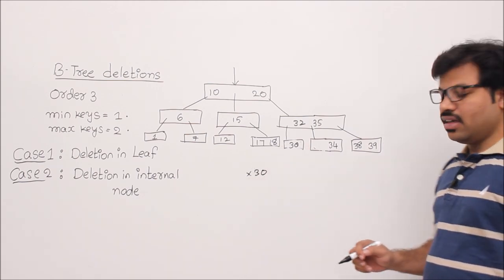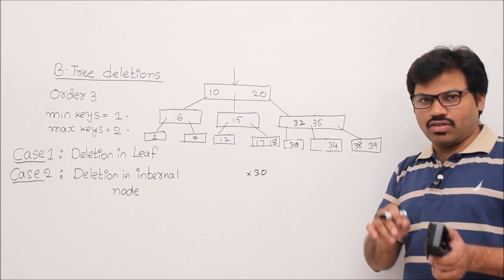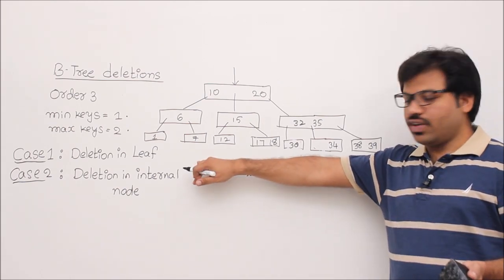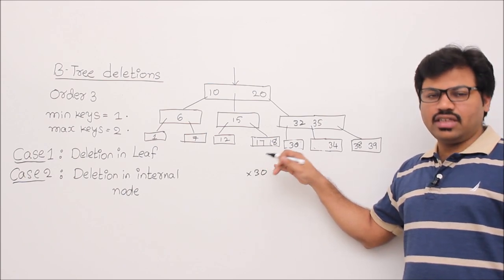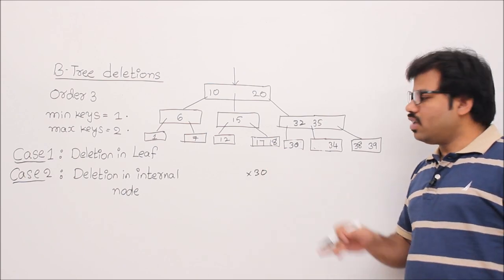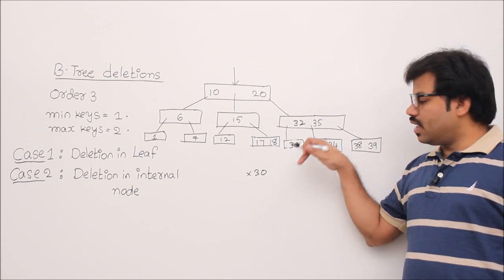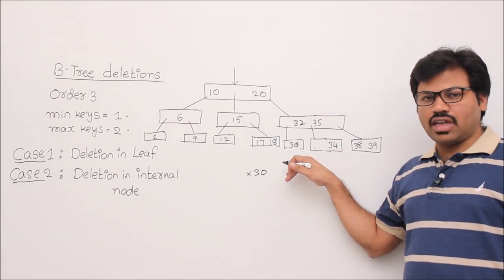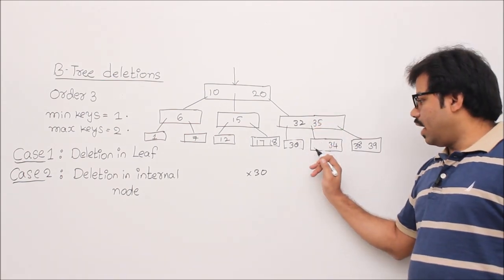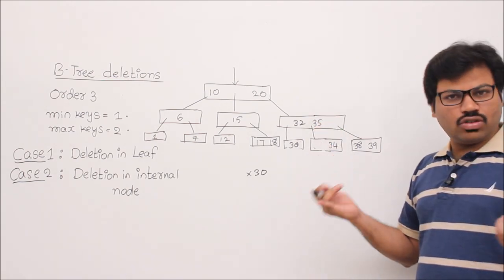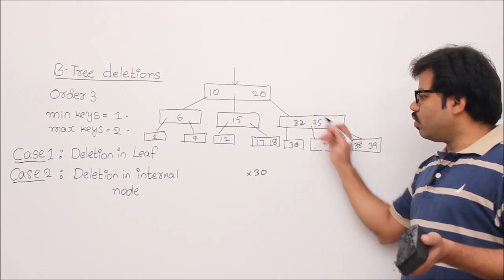We have seen two cases now in deletion of a leaf. Case number 1: you are deleting a key and we have sufficient keys, which is quite easy. Second: you are deleting a key and the node doesn't have sufficient keys, which means underflow is going to occur, then we borrow from the neighbors or siblings. If it is successful, then we do that.